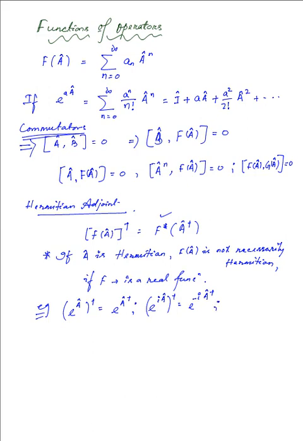Now we can consider another example over here. Supposing we have a value alpha, a complex number, multiplied to the operator A, and we take the Hermitian adjoint, then we have e raised to the power minus i, the conjugate of alpha, and then the adjoint of the operator A. So if A is Hermitian, an operator function which can be expanded as f of A will be Hermitian only if the expansion coefficients a_n are real numbers.